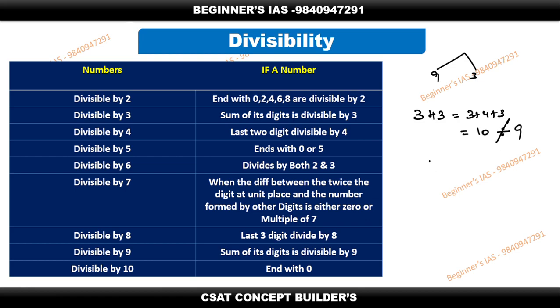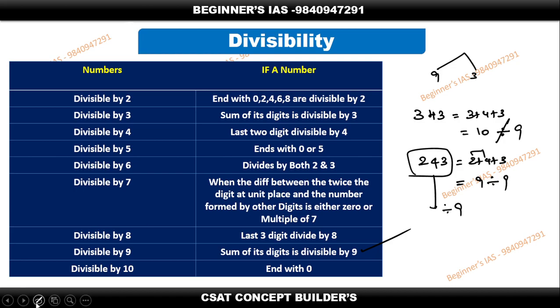Now 243. Now you check: 2 plus 4 plus 3. If the sum of the digits is divisible by 9, then the given number is divisible by 9. Same logic here: 9. Yes, this is divisible by 9. Therefore 243 is divisible by 9. So practice some questions.